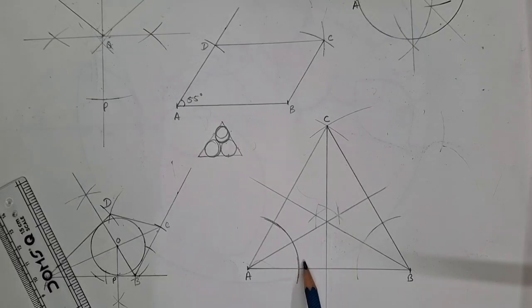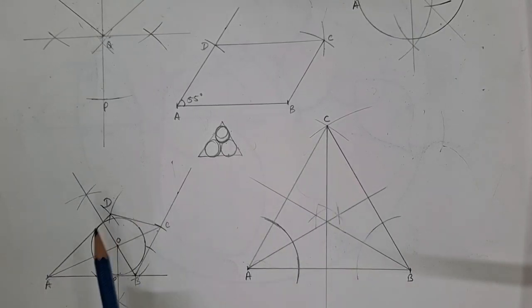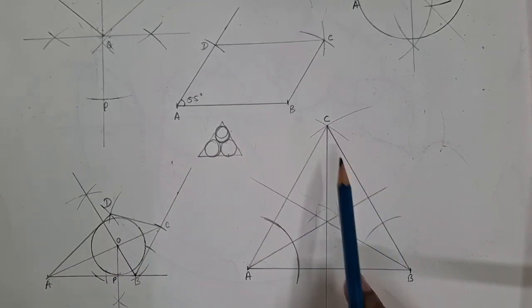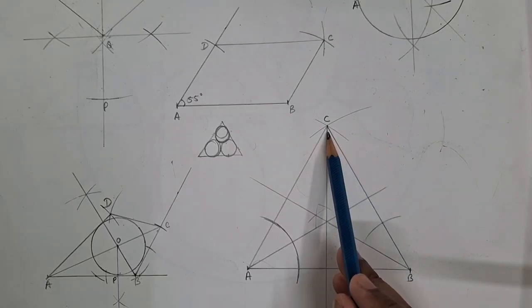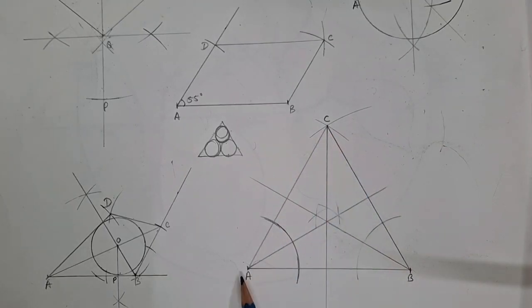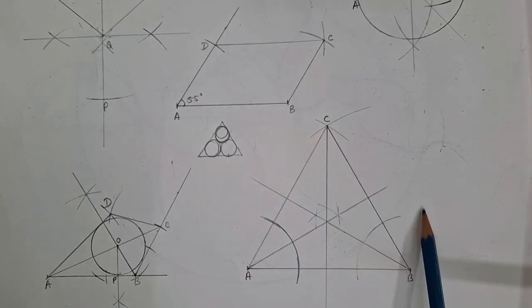Now if you observe carefully and if you compare this diagram with the previous construction, this was a rhomboid, and in this triangle there are 3 rhomboids. That is what I mean when I say that geometry is all the game of visualization.